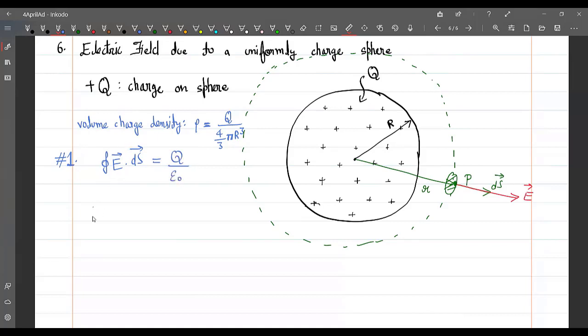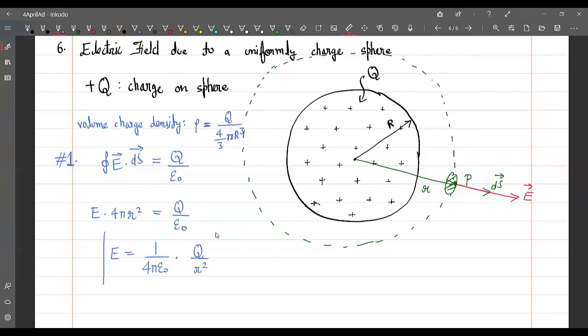And it's a sphere, so again the same thing will come, E into 4 pi r square. See, r is the radius of the Gaussian sphere, not the spherical shell. Remember that. So it will be Q by epsilon naught. And simply you're getting the same value as the electric field due to a point charge, 1 by 4 pi epsilon naught Q over r square.